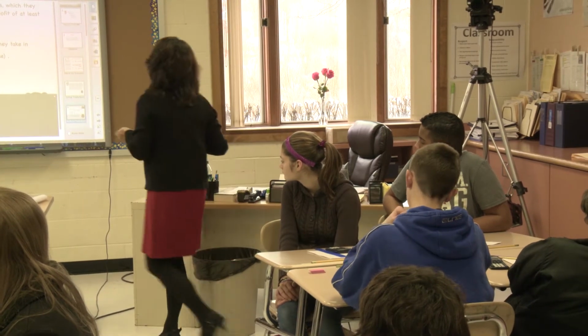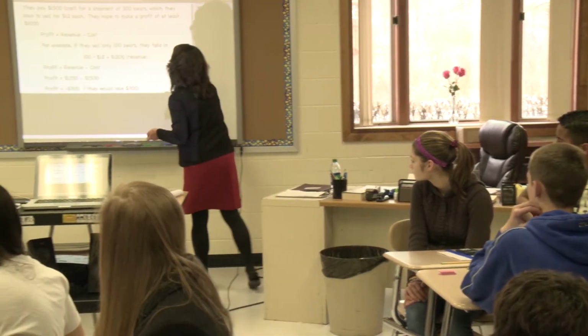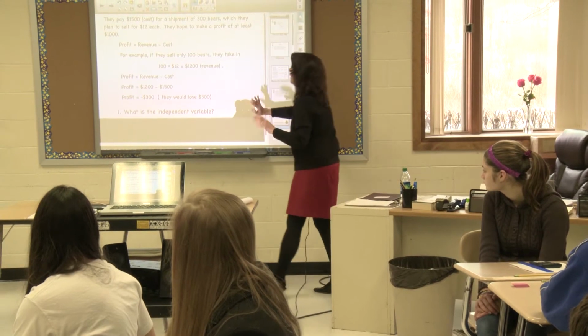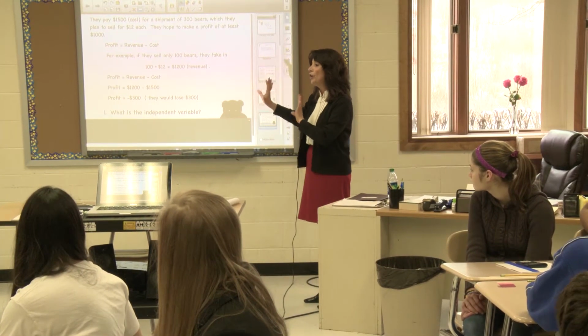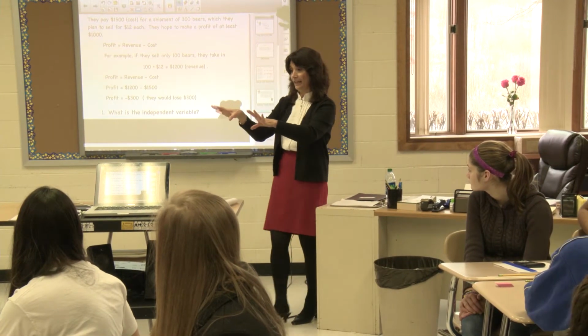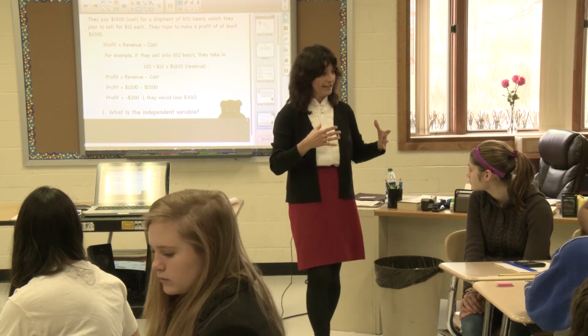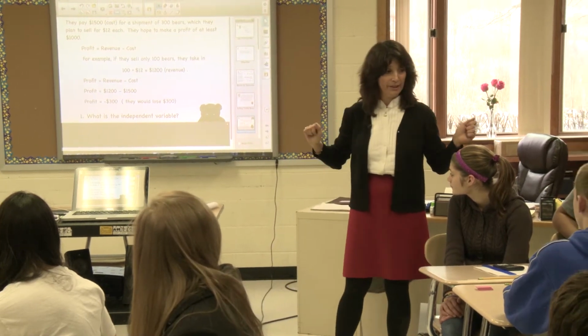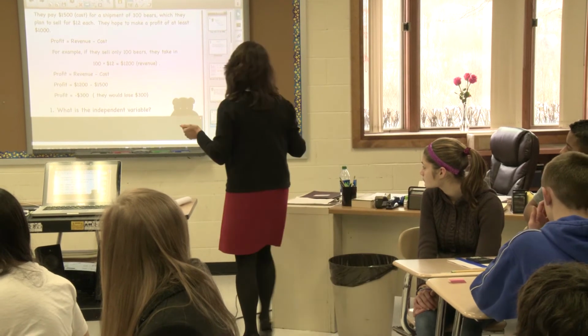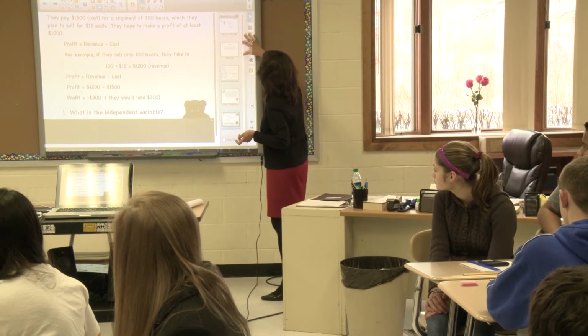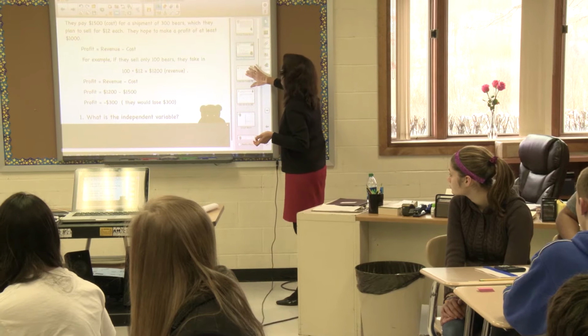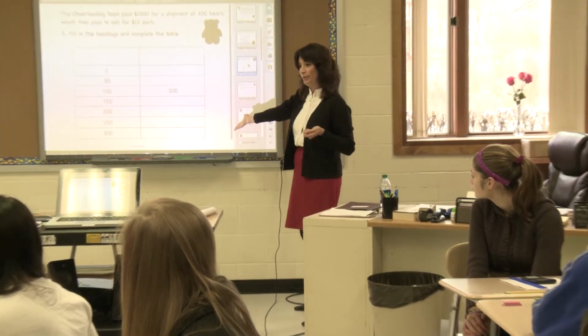Okay? So what you're going to do today is answer quite a few questions, and they're in your packet. You're going to first deal with activity 1, which is selling these teddy bears. In your group, you're going to answer a series of questions, and you're also going to fill in this table.